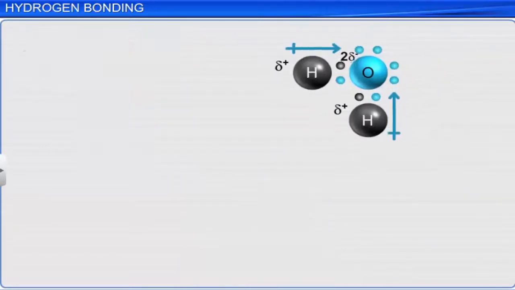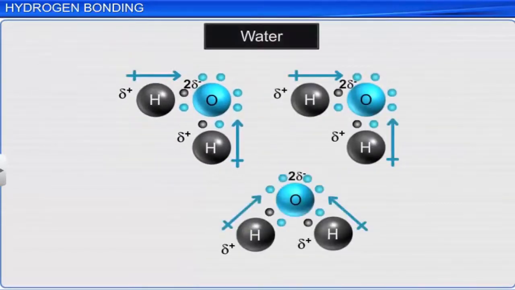When a number of molecules of these compounds are present together, the partial positively charged hydrogen atom of one molecule is attracted to the partial negatively charged electronegative atom of another molecule. This weak electrostatic force of attraction is called a hydrogen bond, which is weaker than a covalent bond.